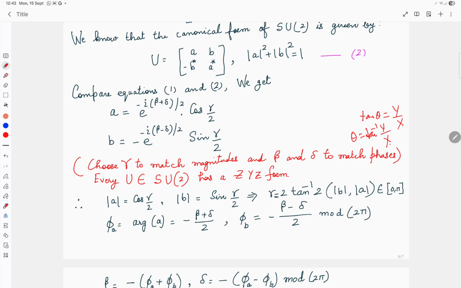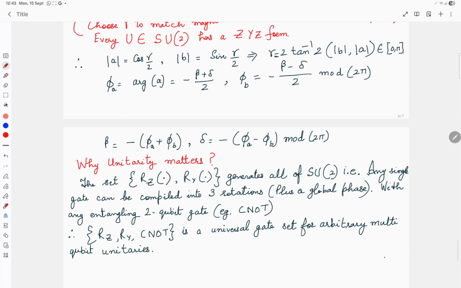In the third quadrant the value of the angle will be quite large compared to the first quadrant. So this function does not take care of the sign of y and x. Therefore in programming languages people use this formula, atan2 of y comma x. That is what is being used here to calculate gamma.